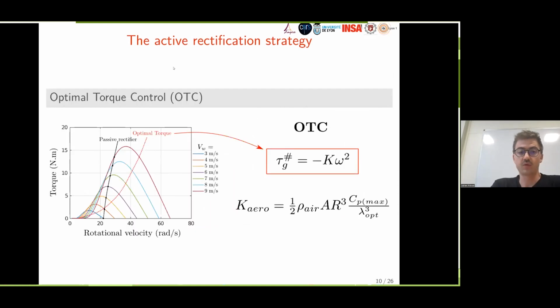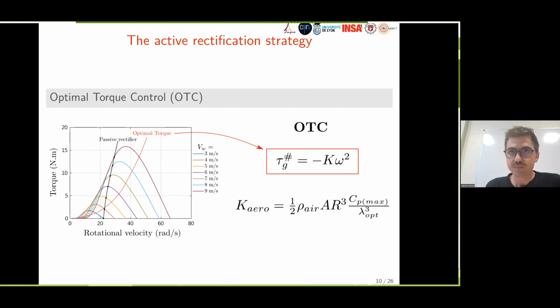Okay, so a little word about optimal torque control. It's a very well-known method, which is robust, tolerant to modeling uncertainties, and has high convergence properties. We use this law because of these reasons, and also because it's well adapted for small wind turbines, which have a low inertia.